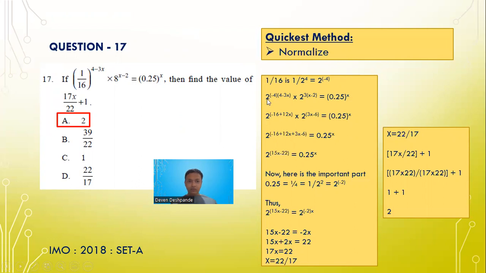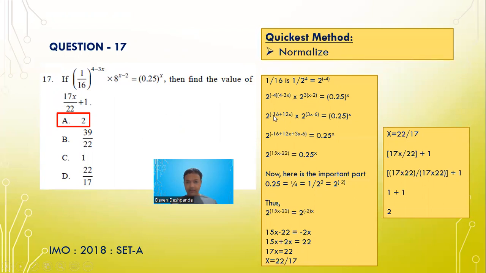So then it becomes 2 raised to minus 4 raised to 4 minus 3x, into what is 8? 8 is 2 raised to 3. 2 raised to 3 into x minus 2, raised to x minus 2, is equal to 0.25 raised to x. So again, minus 4 into 4 is minus 16 and minus 4 into minus 3x is plus 12x.